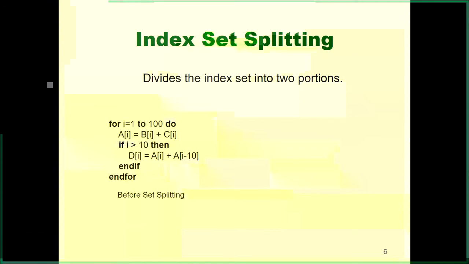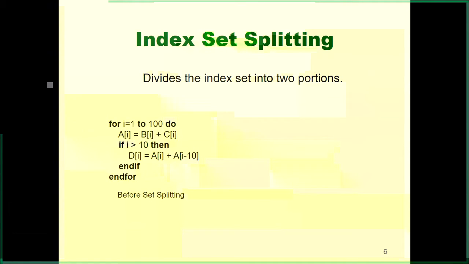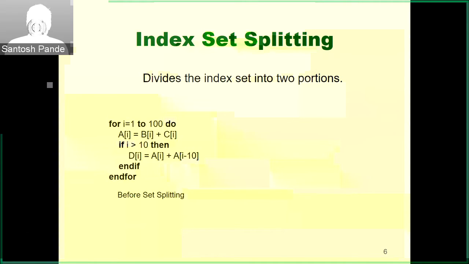The next one, which is shown here, is an interesting one, called loop index set splitting. What is going on here is we have a conditional branch inside the loop, which is purely dependent on the induction variable or index variable of the loop, going from a particular limit, like greater than 10.